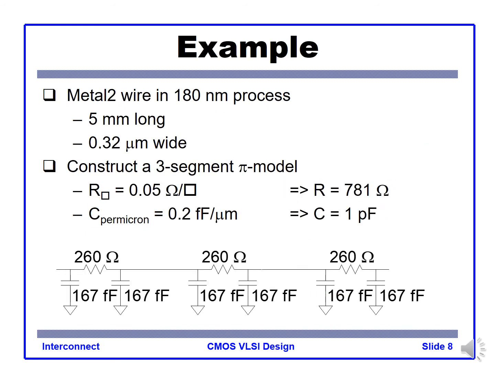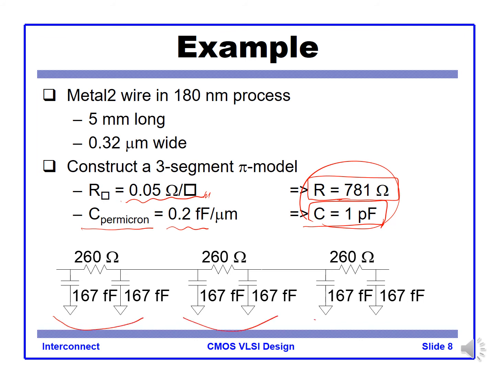For example, let's say R square is 50 milliohm per square. Then we can calculate the total resistance from how many squares we had in the previous example. And also, C per micron is 0.2 femtofarad. That gives us a total of 1 picofarad. Once we know this, we can use the 3-segment wire pi model, 1, 2, 3.